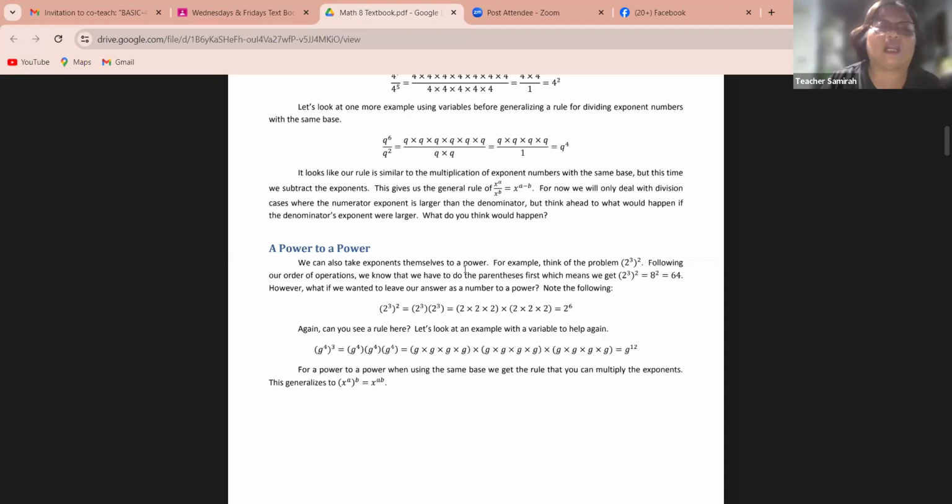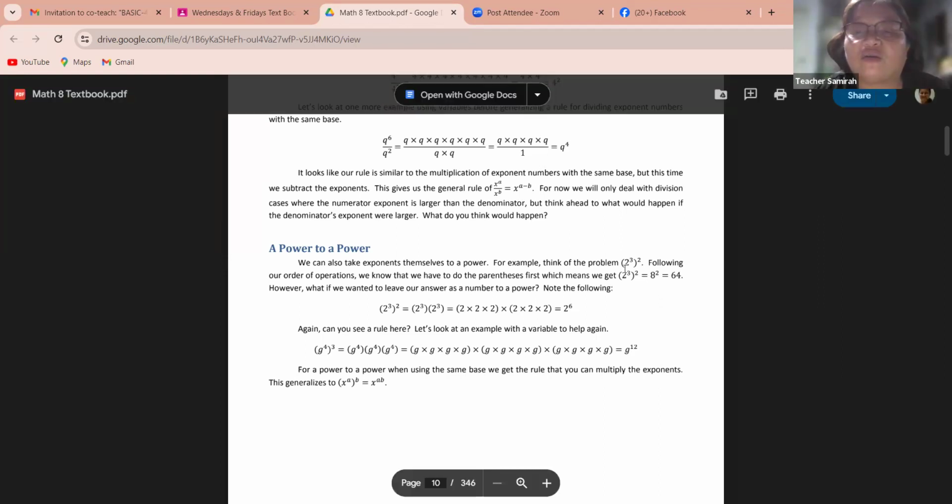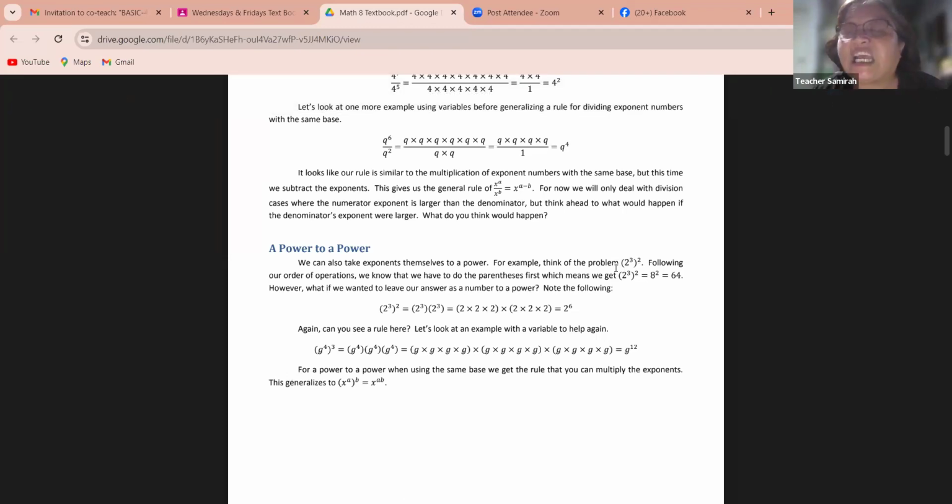Third rule. Okay, a power to a power is actually our fifth rule. Look at this: 2 raised to 3, in a quantity, raised to 2. 2 with the power of 3 is enclosed in a parenthesis, and after the parenthesis we also have another power outside.